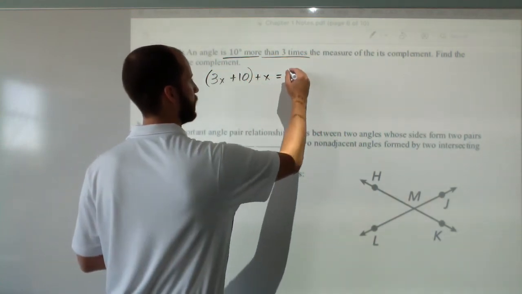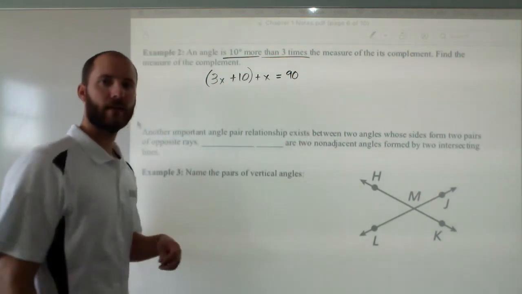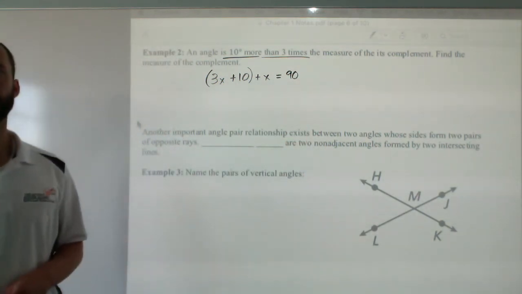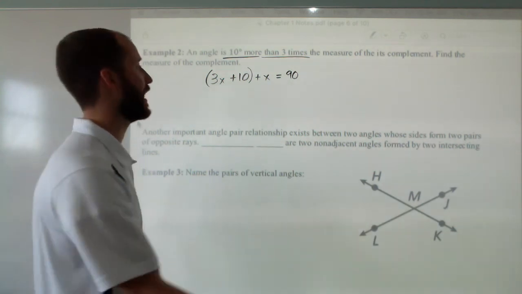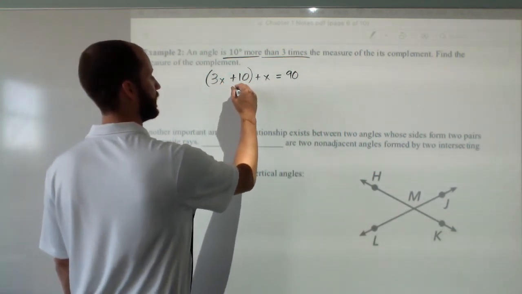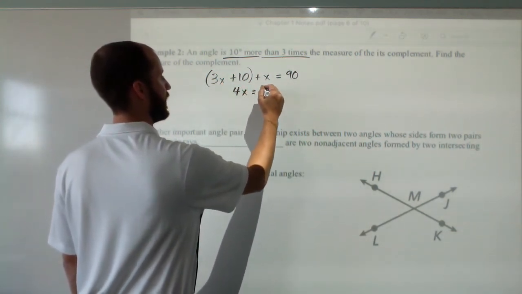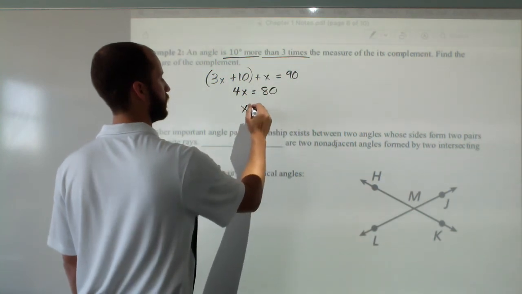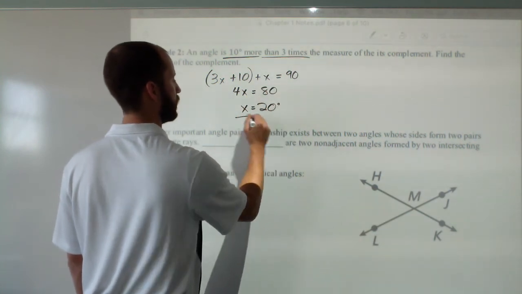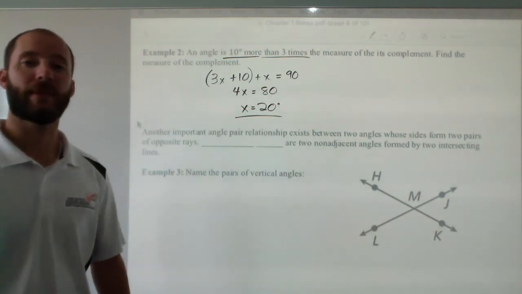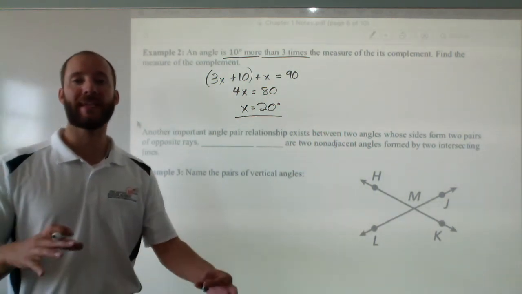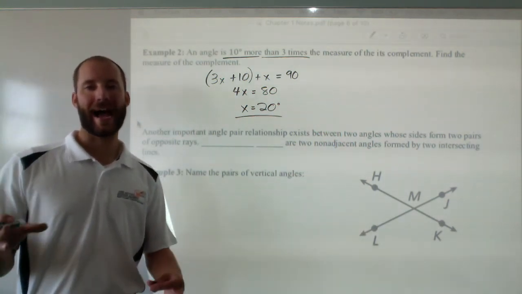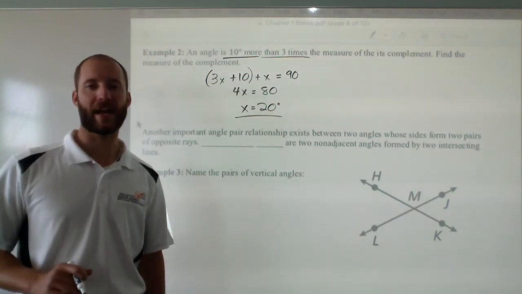And because they are complementary, they add up to 90 degrees. Now from here, this is a pretty easy Algebra 1 equation to solve. 3x and x is 4x. Take the 10 away to get 80. We find that the complement is 20 degrees. But it's all about picking apart the language and saying, okay, how do I create an algebraic equation out of this?